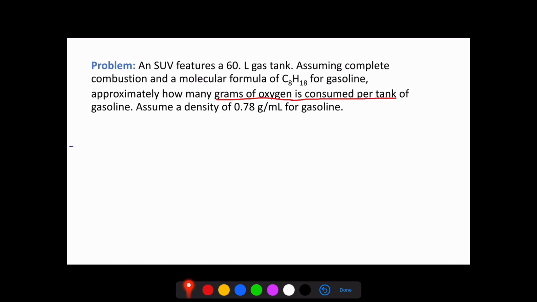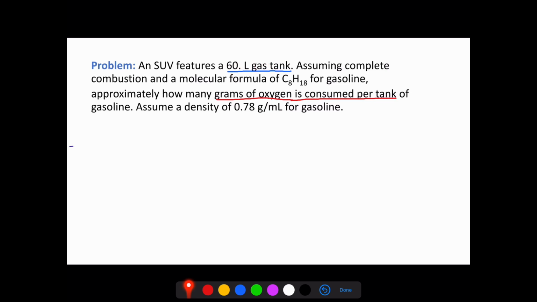Per tank means the tank contains 60-liter gas. So you're looking at how much oxygen is needed for 60-liter gas. So that's the information you're going to start with.